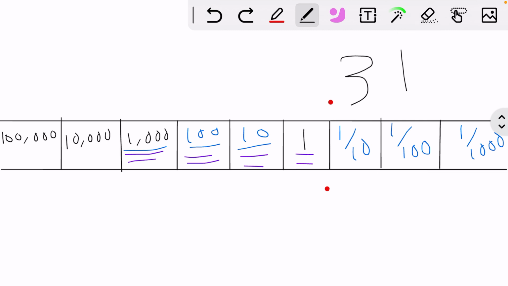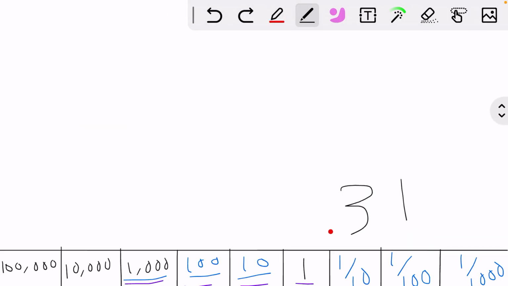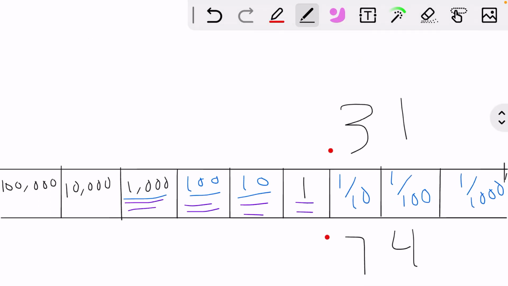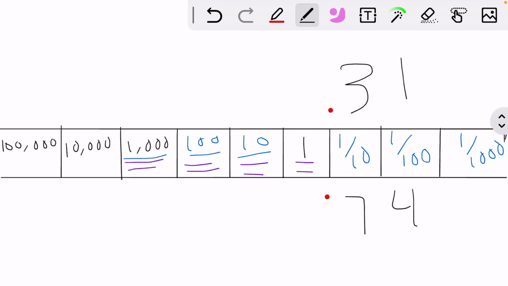So we've got 0.31 and 0.74, and we're going to write them like this. What we have to see is whether 0.31 is greater than, less than, or equal to 0.74.